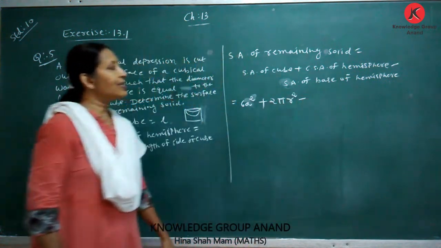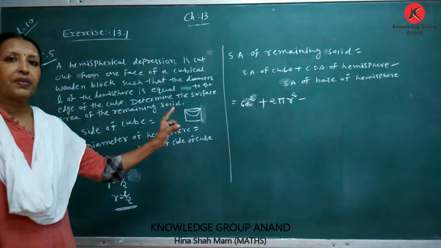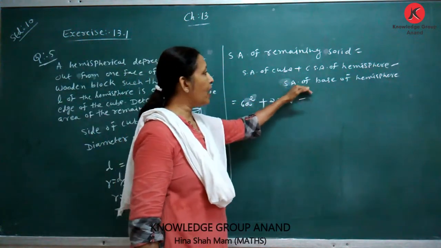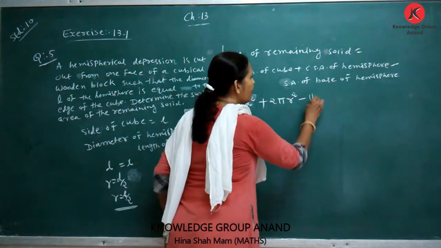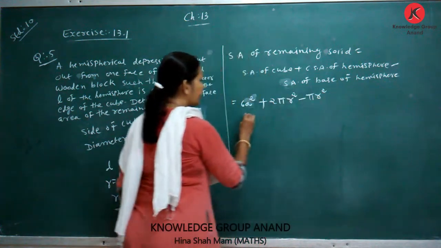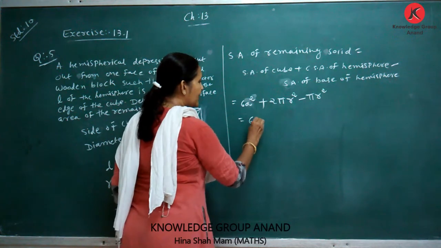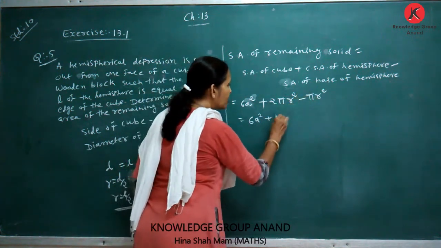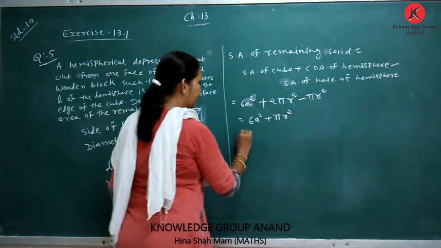Minus surface area of base of hemisphere. The base is circular, so area of circle is pi r square. Then 6a square plus 2 pi r square minus pi r square is equal to 6a square plus pi r square.